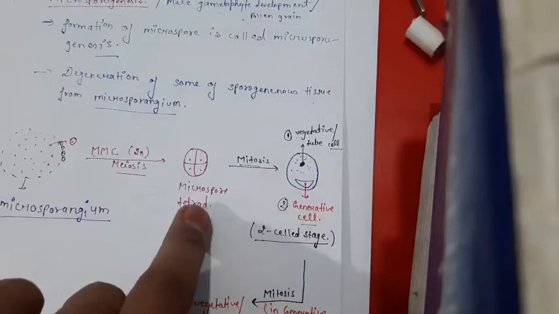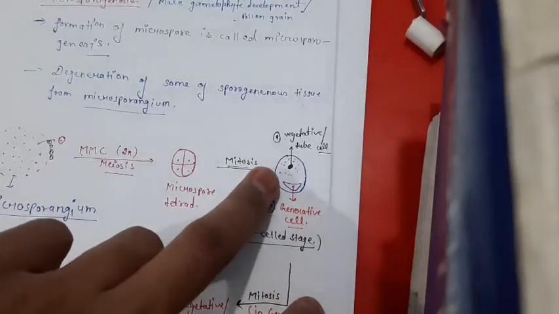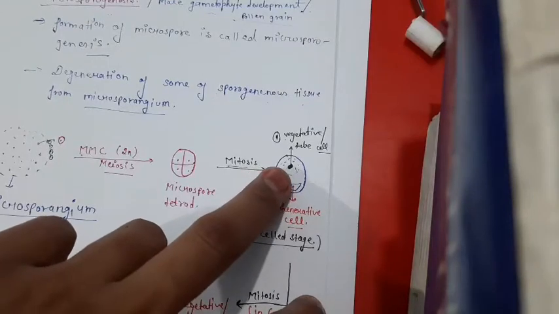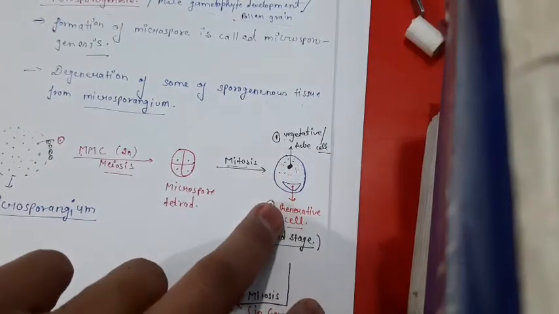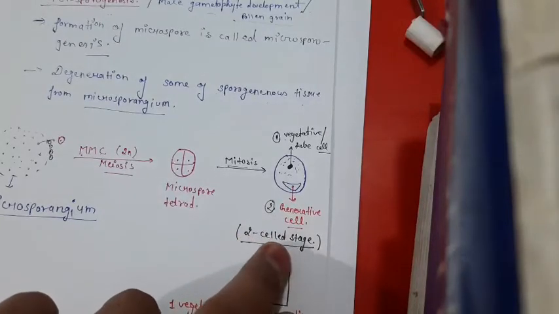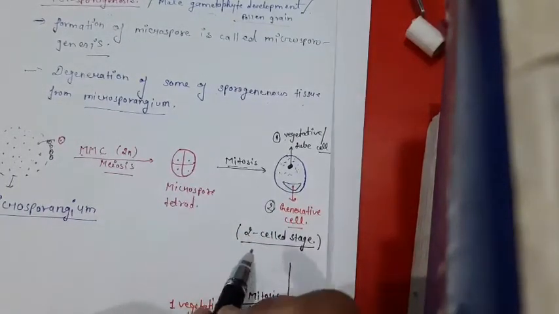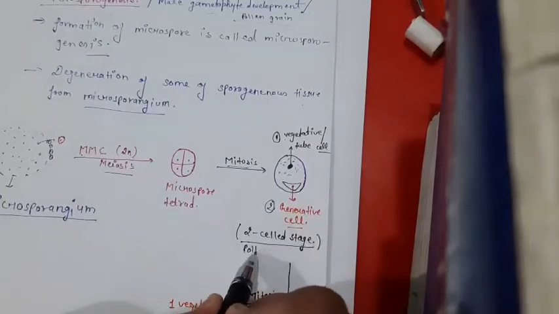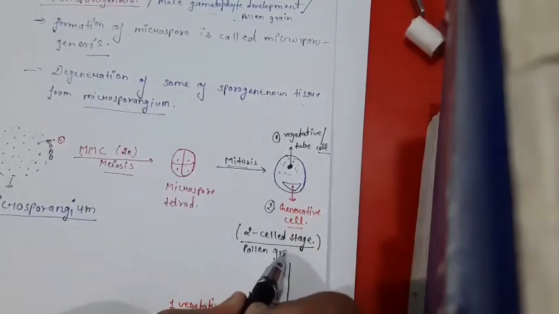After that mitosis takes place in the microspore tetrad. So there is formation of two cells, a vegetative cell and a generative cell of the pollen grain. Okay, here is the two cell stage of pollen grain.